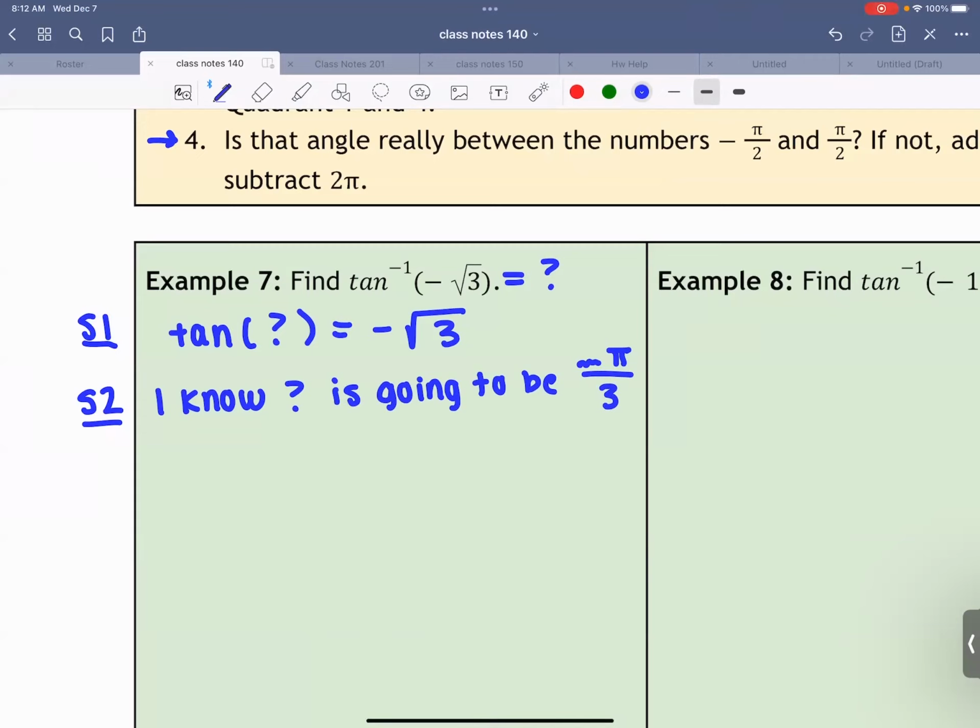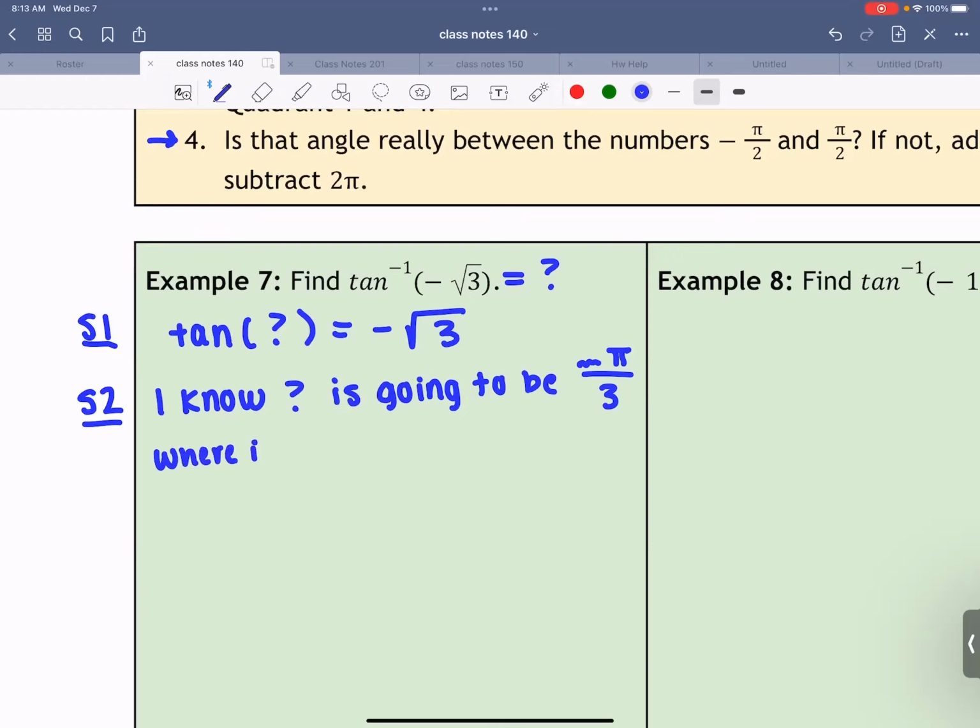Okay. Then you're going to take a look at your unit circle. You're going to look at all of the angles on the unit circle that are over 3. And you also want the angle to have the tangent be, in this case, negative. Okay. So let's go through that systematically. I know that the answer is negative square root of 3.